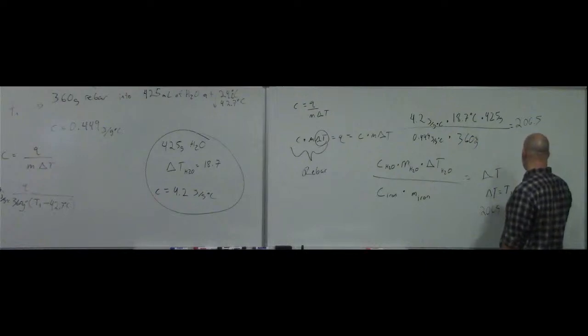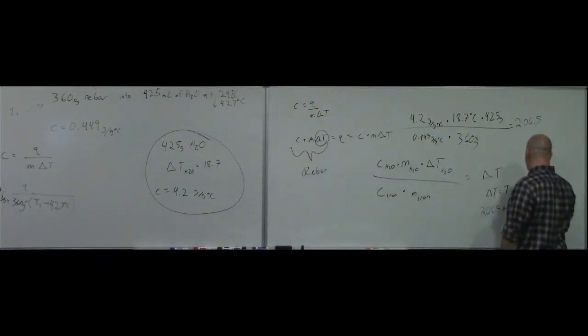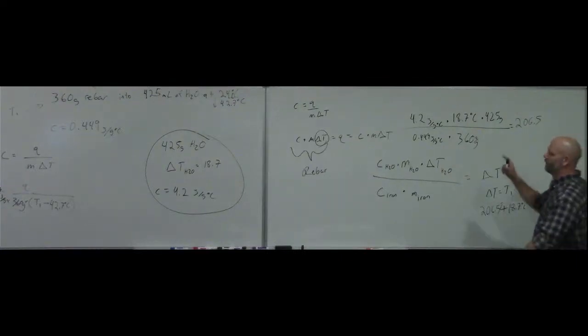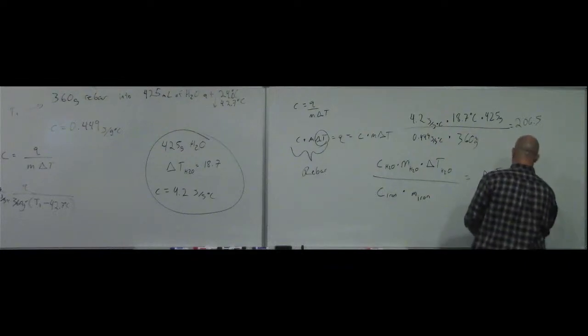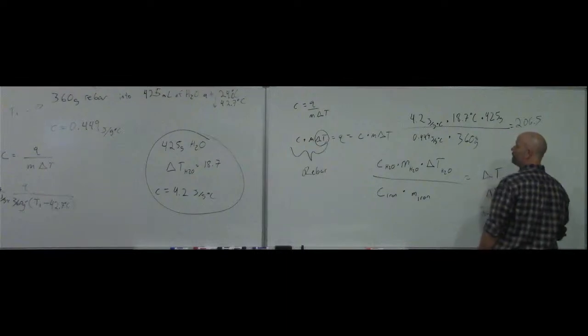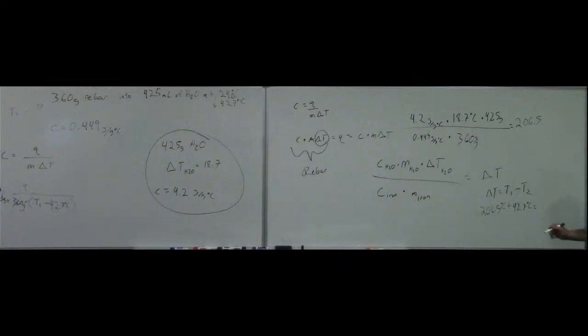If I then, that's wrong. If I then add my, what is it, 18.7? 18.7 degrees Celsius. Is 42.7. 42.7, okay, thank you. That was for the water, right? Okay, 206.5 degrees Celsius plus 42.7 degrees Celsius, what do you get? 249.2.